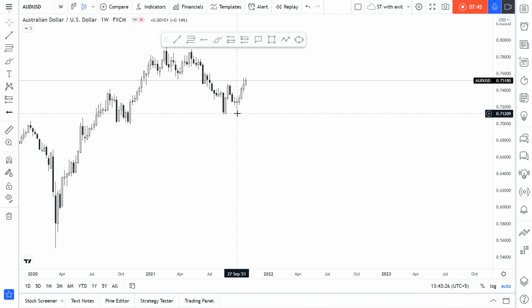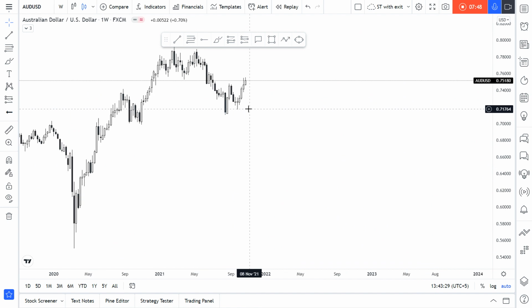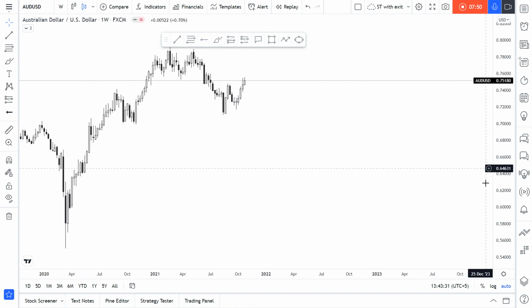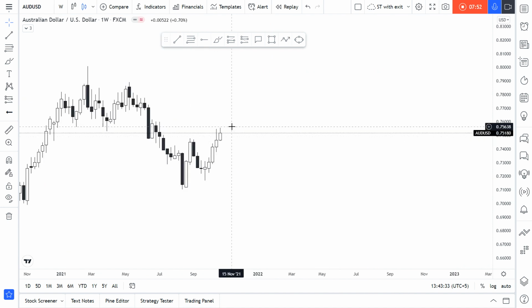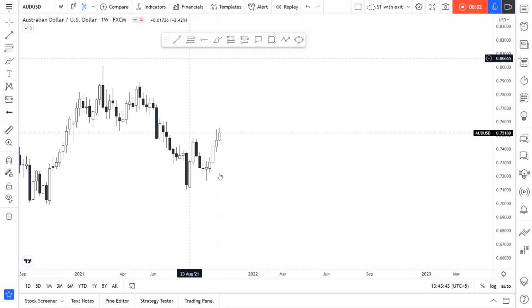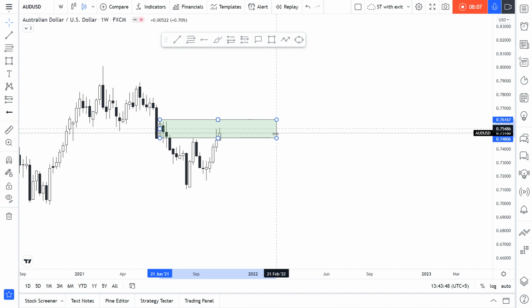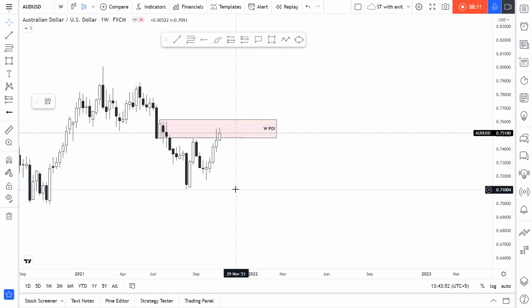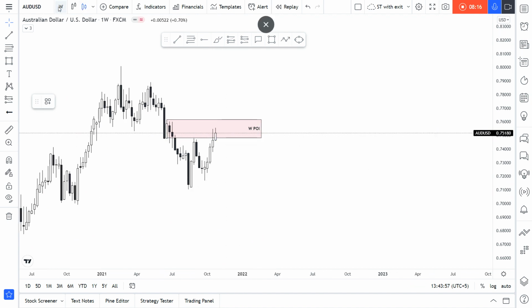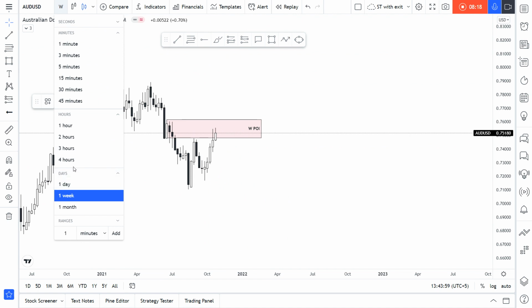On the weekly, AU is looking pretty bullish, but we can see that the previous candle couldn't close above the previous week high, so there might be some correction to the downside. AU, EU, GU, they have a very high correlation, so we might see bearish moves.